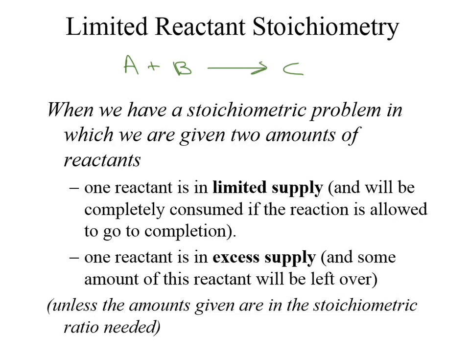We'll just call it C. So one of these two, A or B, is usually in limited supply. Okay, that means you're going to run out of it first. If there was another reactant D, E, everything else is present in excess.